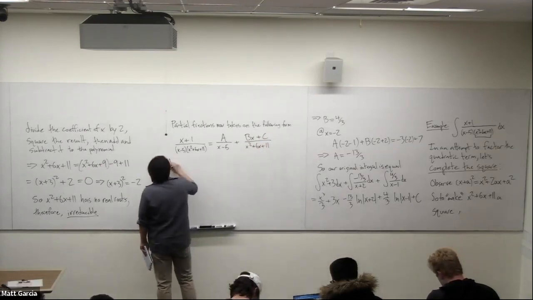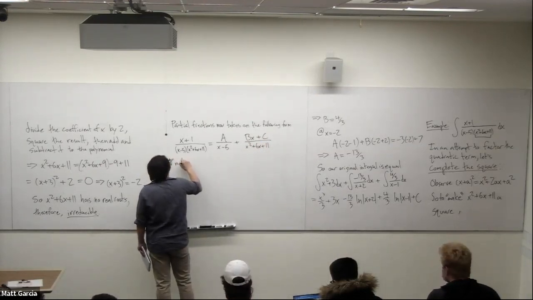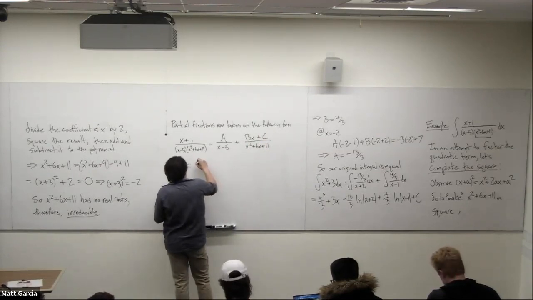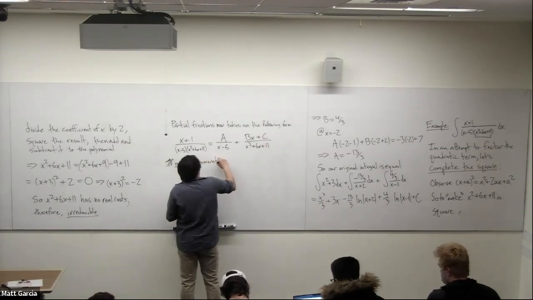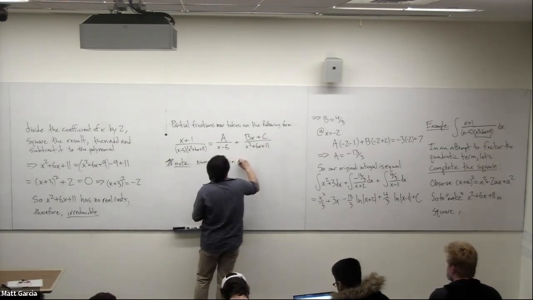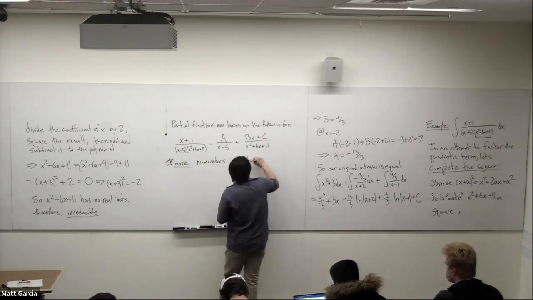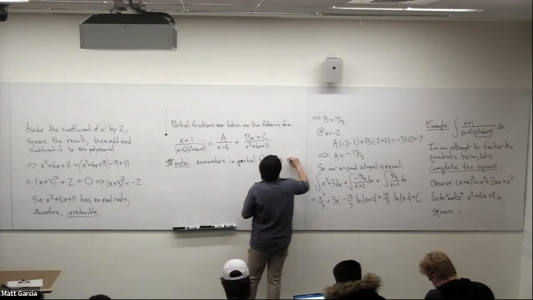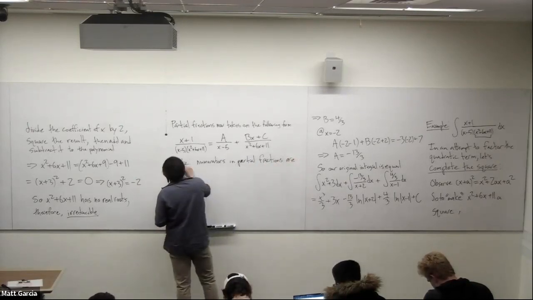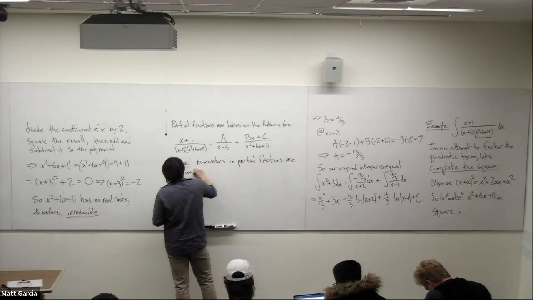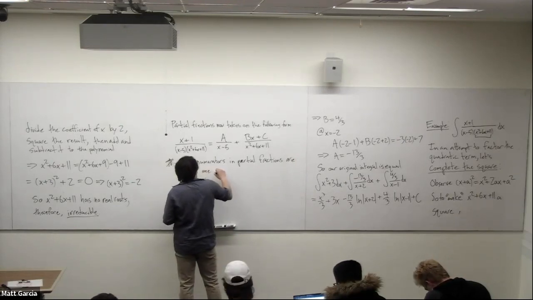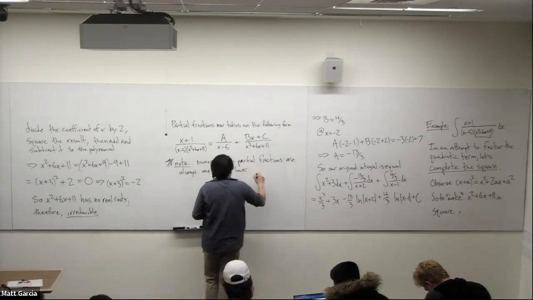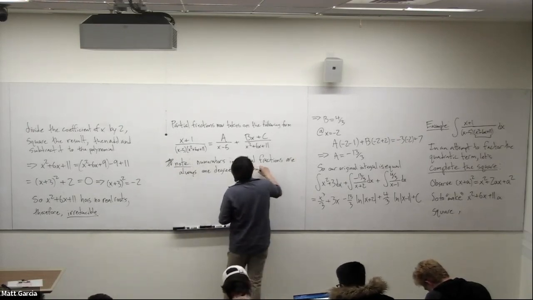Okay, so note: numerators in partial fractions are always 1 degree lower than denominators.